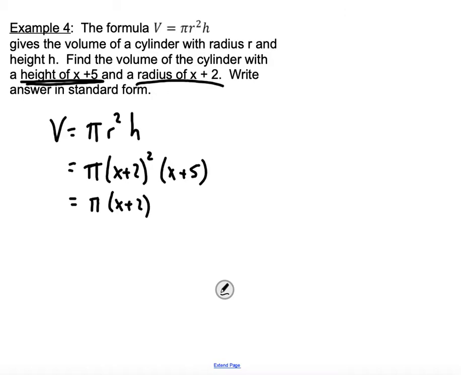Remember that x plus 2 squared is x plus 2 times x plus 2. I'm going to go ahead and FOIL that out first. So I'm going to write everything else first. So FOILing that out.